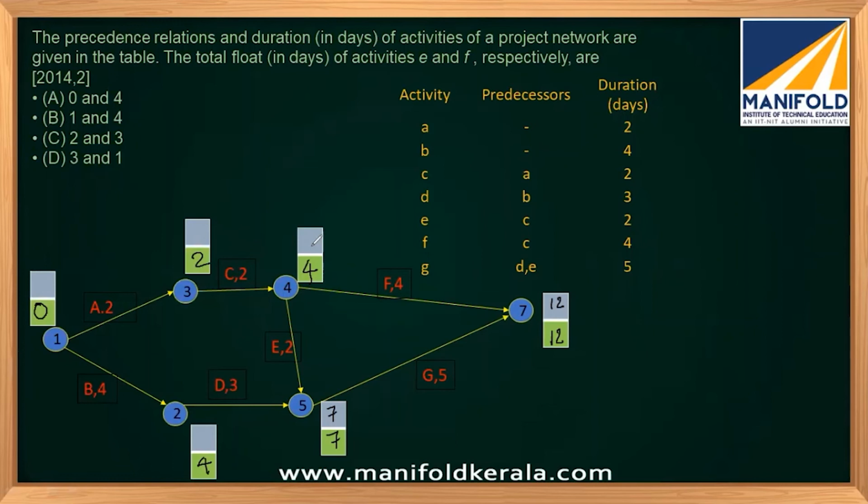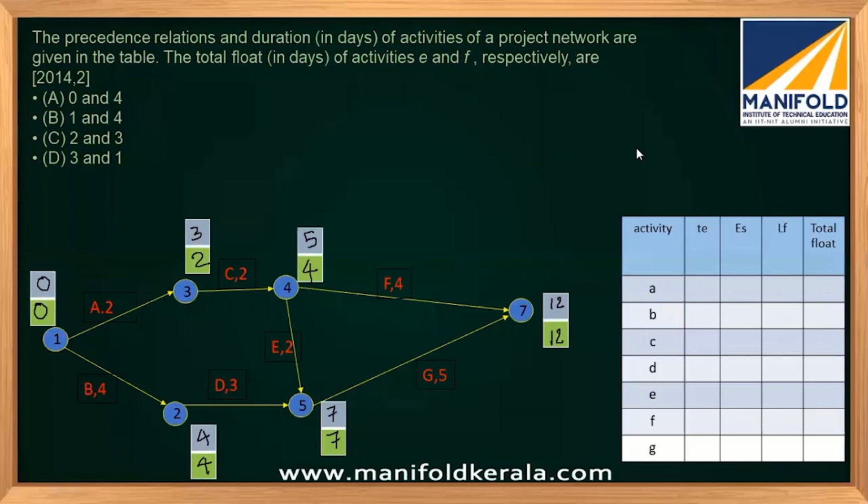So 7 minus 2 will be 5. Now 5 minus 2, 3. Here 7 minus 3 will be 4, and 4 minus 4 will be 0. So we have earliest start and latest finish time for all the events.